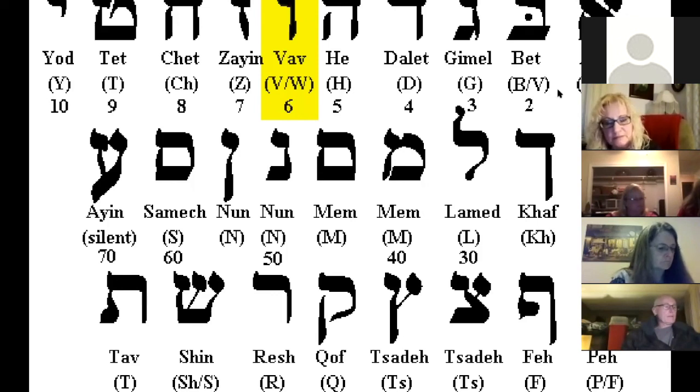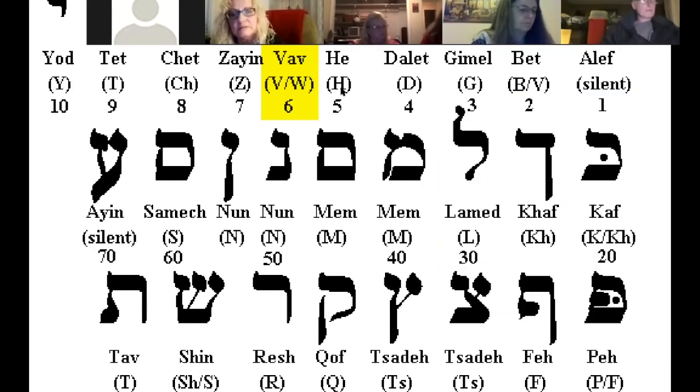All right. Next one we have is the letter kaf. Now, I want to leave you with this one. In the Hebrew letters, there is the sofit. This is also kaf.